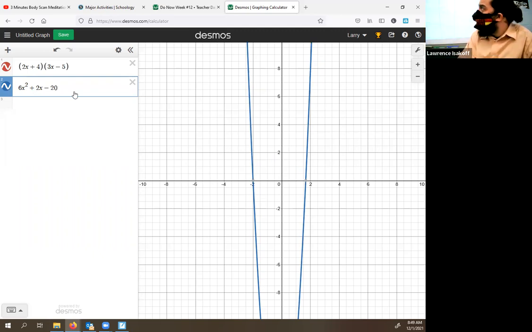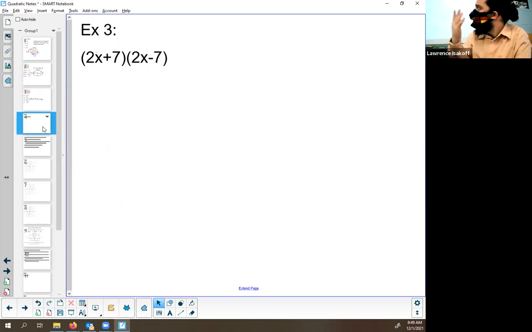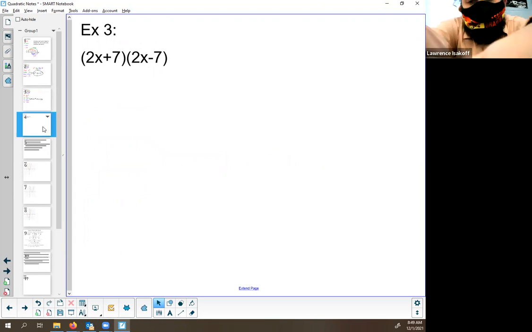You're going to type in your answer, and you should see the graphs fall on top of each other. If they don't, go, well, okay, let me check my math again and try and get them to line up on top of each other. Any questions so far on this? Pretty easy. We got one more example here.